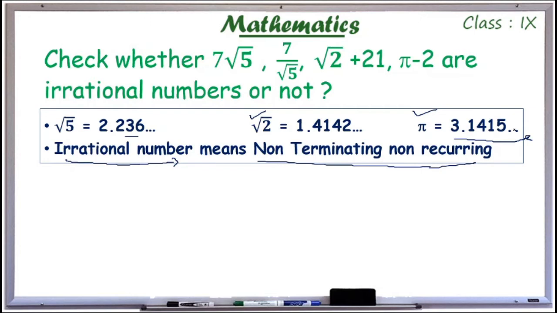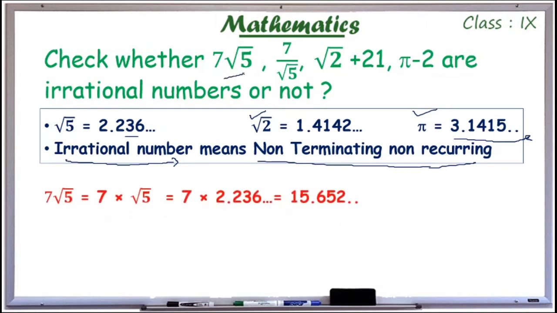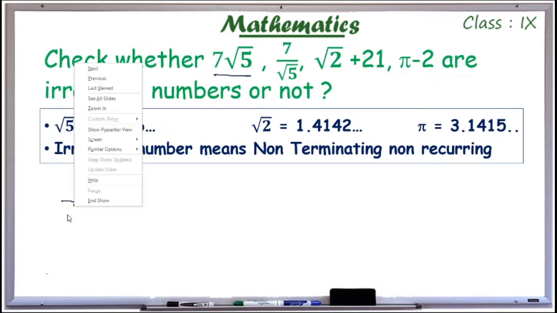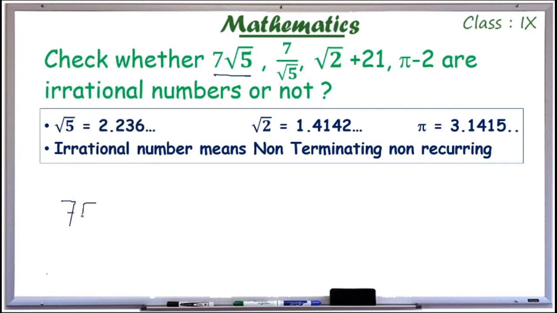And coming to your first problem, 7 root 5. So answering our first problem, 7 root 5 means 7 into root 5.